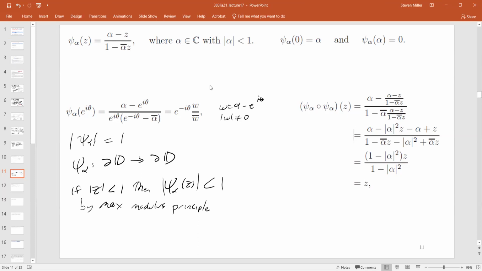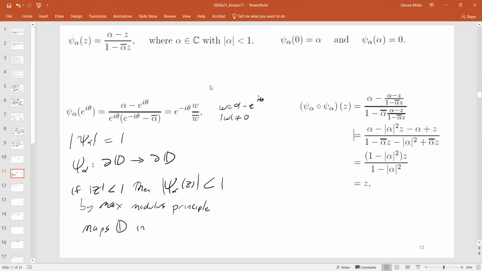So this function is actually holomorphic not just on the unit disk, but on a slight extension of the unit disk. You can expand it out a little bit, and it's still going to be holomorphic. Okay, so now we know that we have a function that is strictly less than 1 in the interior. And so this shows that it maps the disk into the disk.